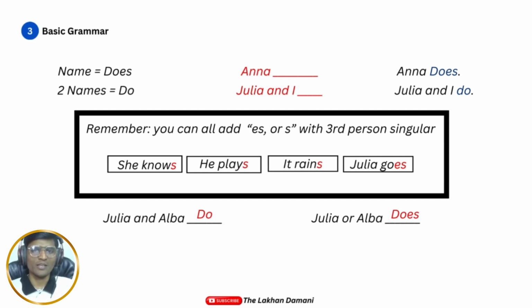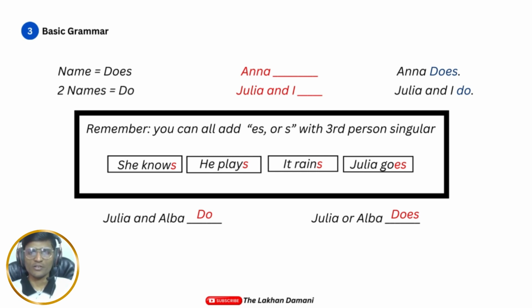Anna does, Julia and I do. That's the correct answer. Remember, you can add es and s with third person singular. She knows, he plays, it rains, Julia goes. So this is a very important part when you talk about third person singular, right?